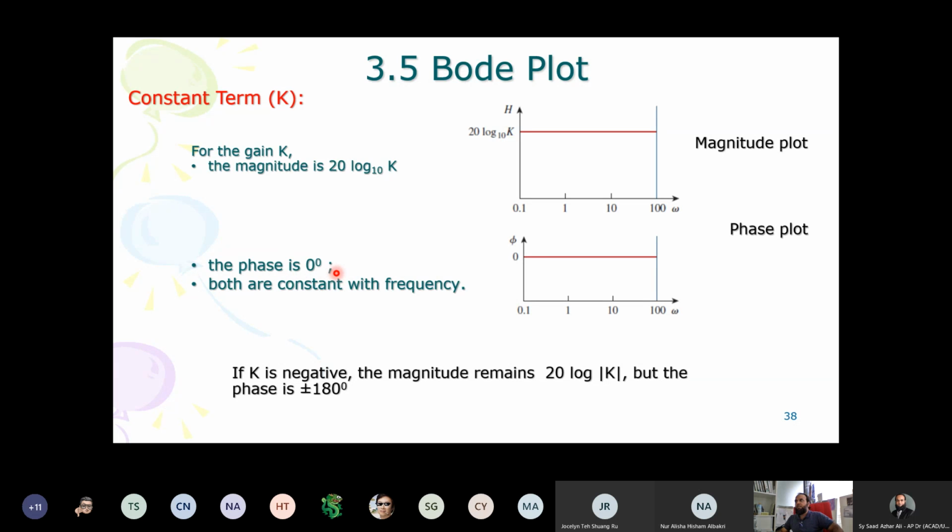Remember, constant term means that it's just the real part, which is the x component. If the y component is 0, the angle is 0, the phase is 0. If somehow this k is negative, the magnitude will still be positive, but the angle will be plus or minus 180 degrees.